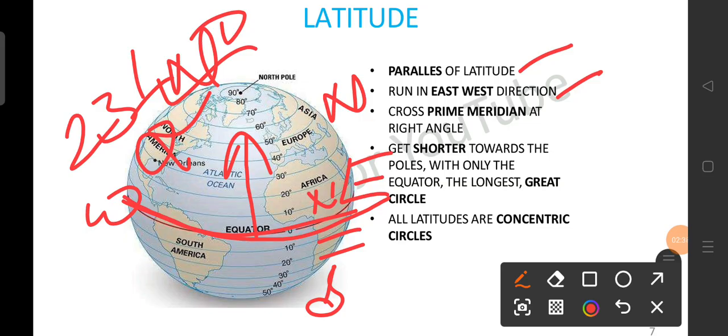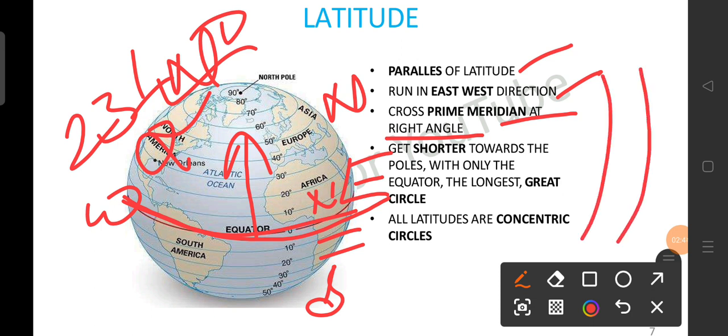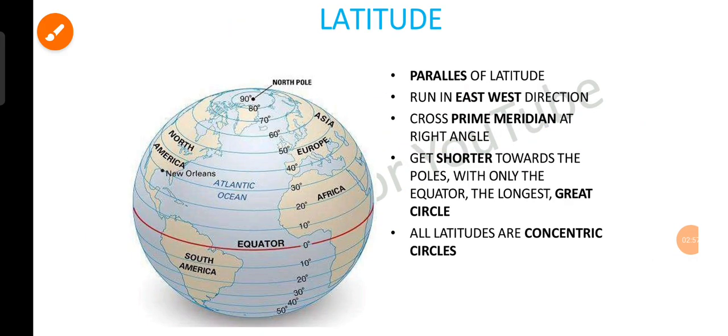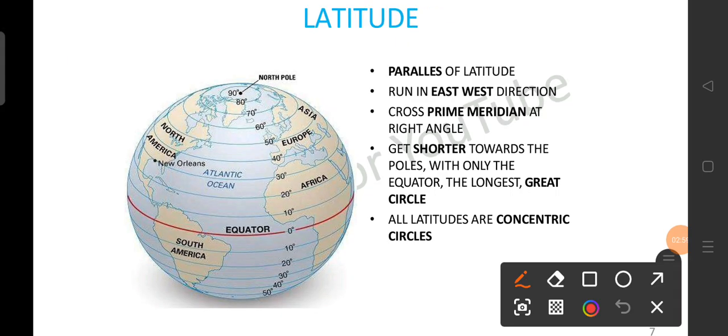East to west direction the parallel lines move. They cross the prime meridian at right angle. When this is longitude and this is latitude, this cuts at 90 degree, that is a right angle. They get shorter towards the poles.